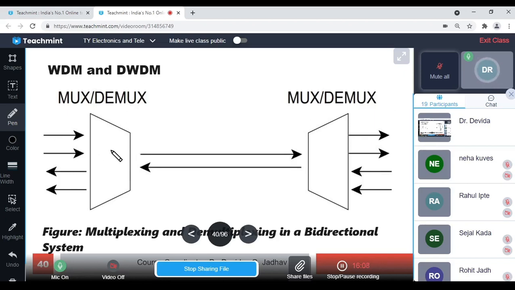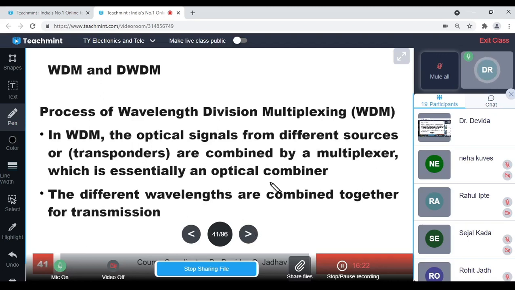Some of the waves are multiplexed and sent over it, and some of the signals are received by the mux-demux, and some signals it can multiplex and send, and the first mux-demux receives and demultiplexes them. So bidirectional communication is there.